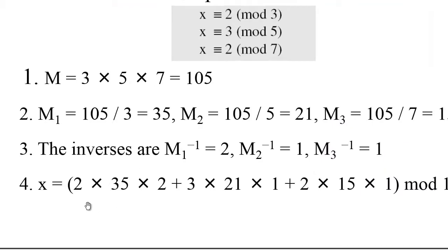So, x is equal to a1 into M1 into M1 inverse. Here a1 is 2, the value related to the common modulus, M1 with respect to smaller m1, is 35, and the multiplicative inverse we got is 2. So, 2 into 35 into 2 plus, similarly for the next equation, a2 into M2 into M2 inverse, then the third term, a3 into M3 into M3 inverse.